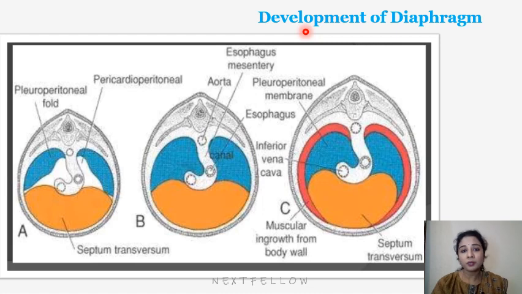Starting with the septum transversum again, it is opposite to the cervical somites during the 4th week of development, and these are supplied by cervical nerves C3, C4, C5, which give rise to the phrenic nerve. So the root value of the phrenic nerve is C3, C4, C5 because the septum transversum is developed in the cervical myotomes.